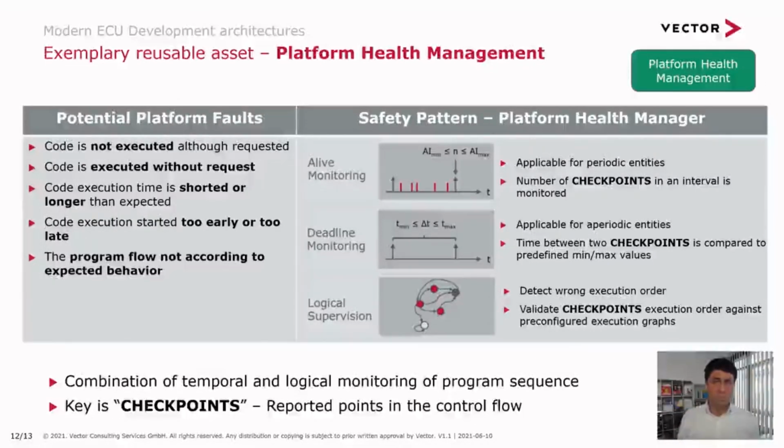So if you need to realize an alive monitoring, we can count the number of checkpoints in a certain interval, and let's say detect if the software is executed or not. If we monitor the time interval between two checkpoints and compare it with the predefined minimum and maximum time, we can identify if the execution of software takes too long or too short.